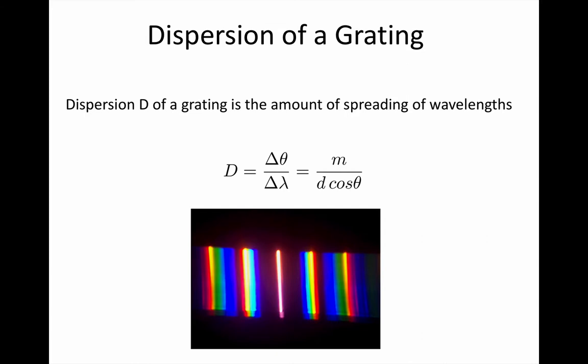That means delta theta is bigger for a particular delta lambda. To achieve a higher dispersion, you have to use a grating with smaller slit spacing d and use the higher order fringes, which means the ones further away from the center line.